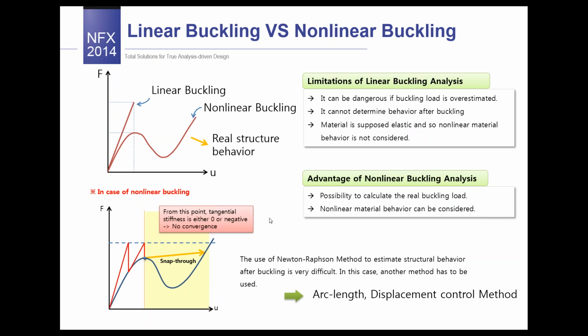So let's talk about linear buckling and nonlinear buckling, and let's make some assumptions to summarize. Geometrical nonlinear buckling provides us a form of geometric nonlinearity, and for this type of problems, usually the deflections are not limited to small deflections.